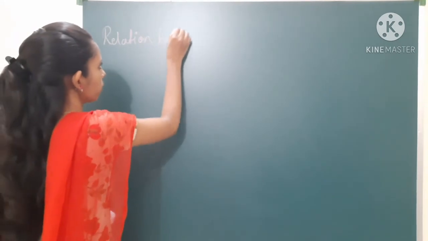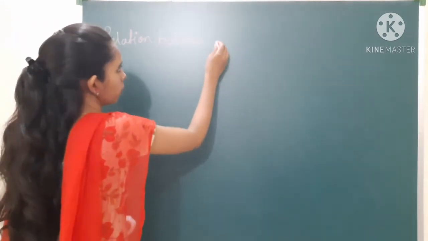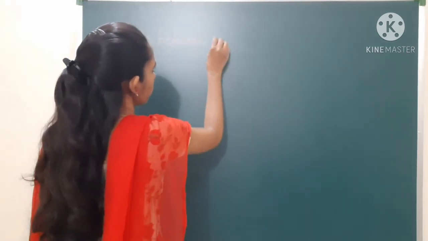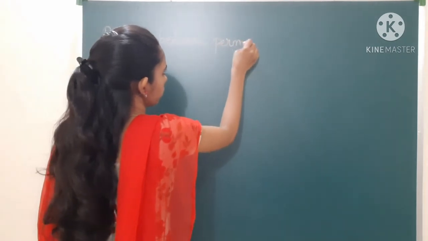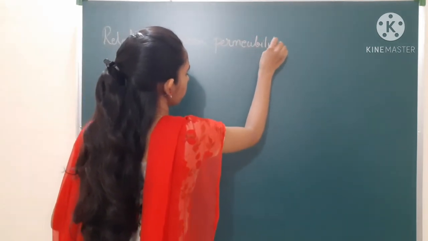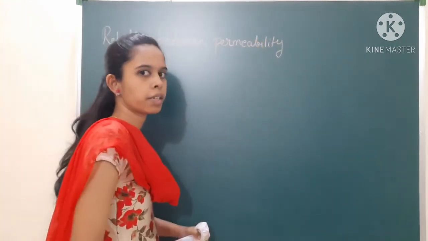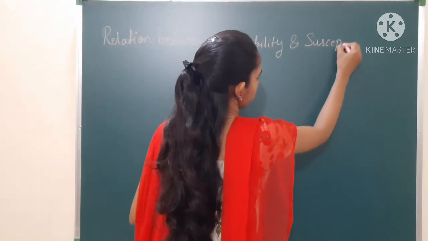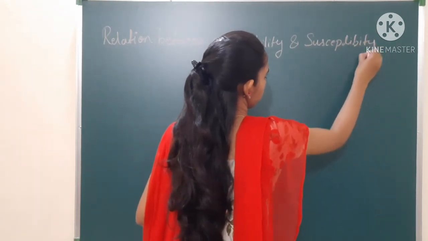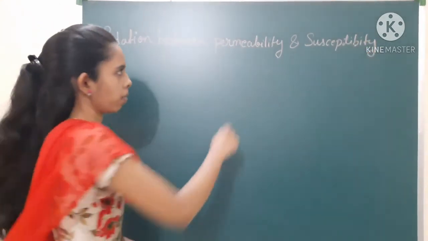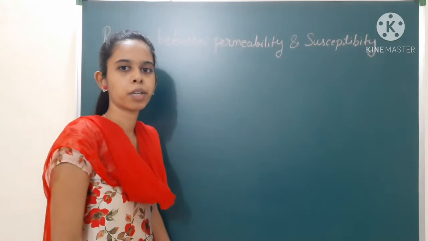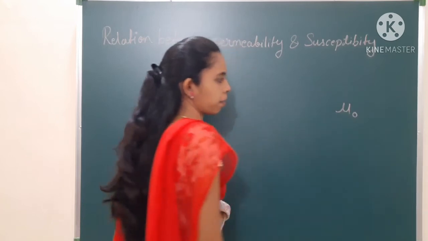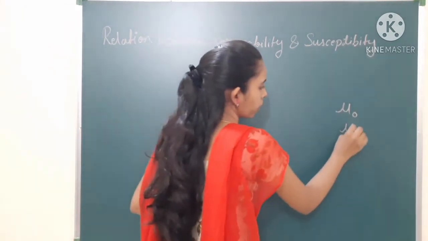Relation between permeability and susceptibility. There are two types of permeability: permeability of free space and permeability of material. Permeability of free space is denoted by mu naught, and permeability of material is denoted by mu.